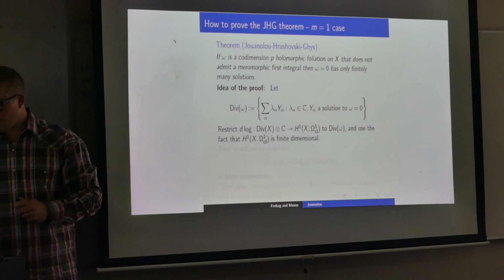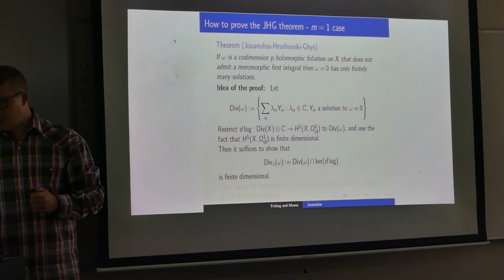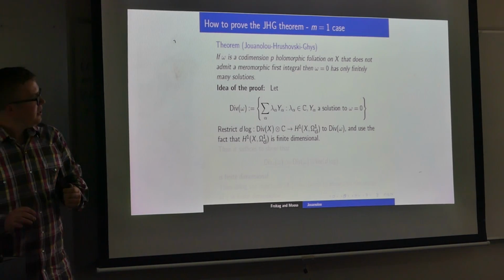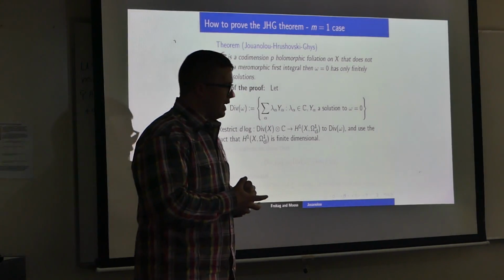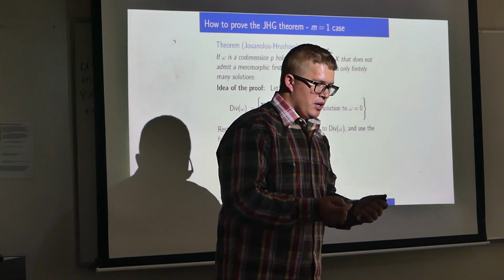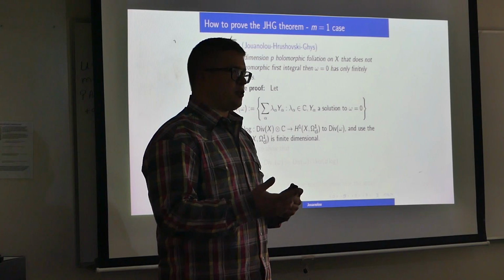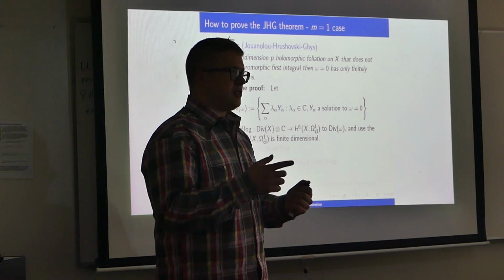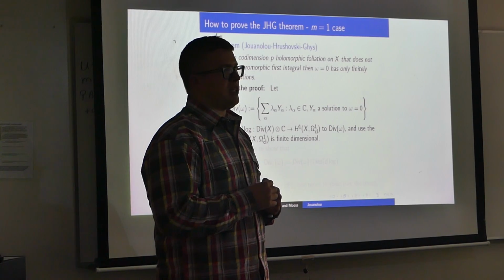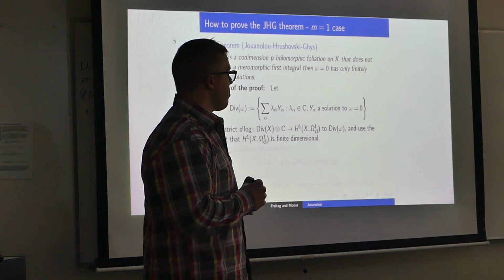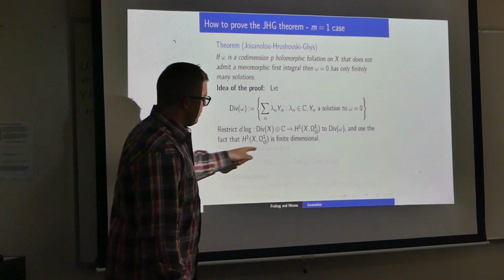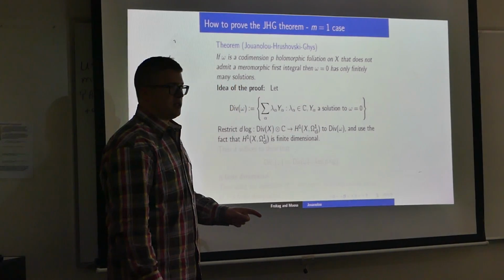Instead, I want to talk about the idea of the proof. In order to see that there's only finitely many hypersurface solutions, we need to look at the sub-vector space in div X tensored with C generated by our solutions and show that that's a finite dimensional vector space. This is a map of vector spaces, and the one on the right is a finite dimensional C vector space.